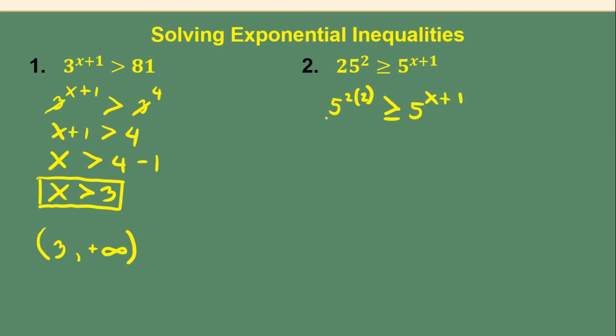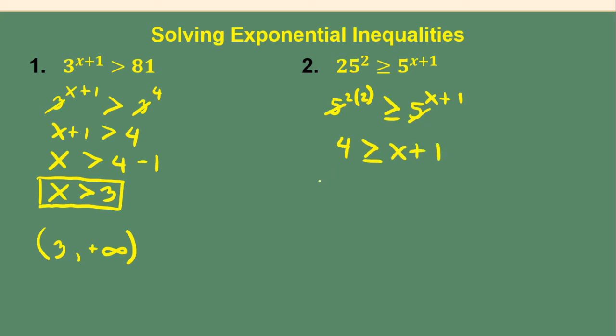Okay, so we have the same base which is 5, so we can cancel that out. And then since our base is greater than 1, retain the inequality symbol. So that is 2 times 2 is 4, is greater than or equal to x plus 1.